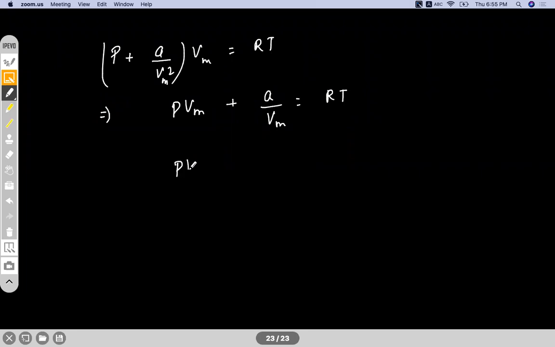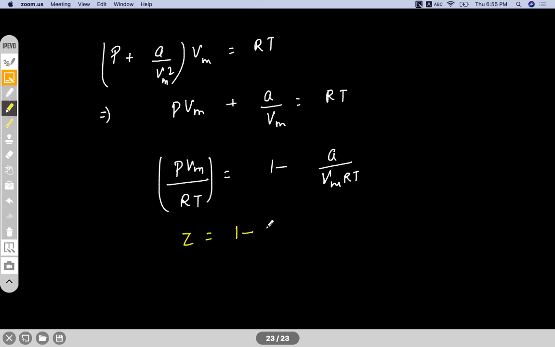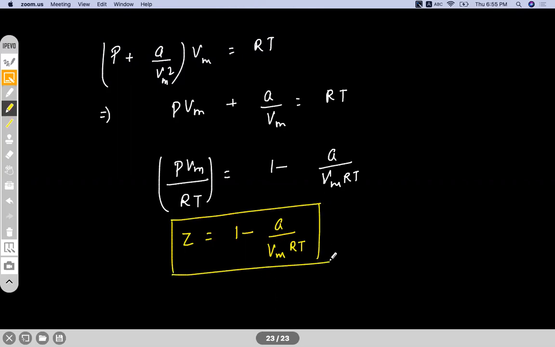So it becomes PVm/RT = 1 − a/(Vm RT). This is nothing but the compressibility factor. So Z = 1 − a/(Vm RT). Under this condition, low pressure and moderate temperature, the value of Z we are getting is less than 1, and we have seen that when Z is less than 1, it is easier to compress.